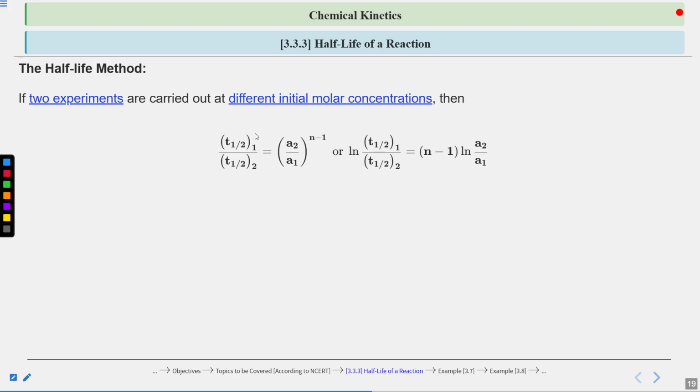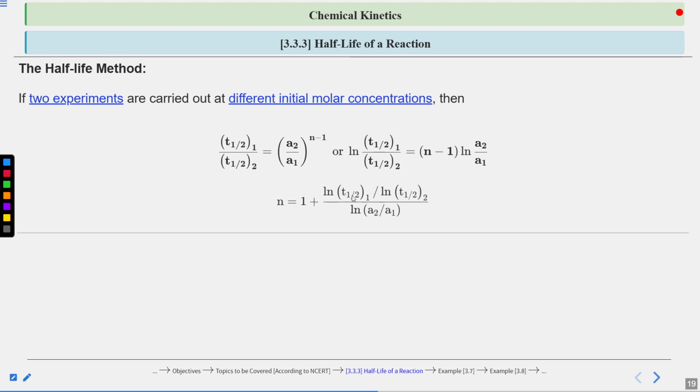So if you see the half-life for the two different molar concentration experiments, t_half1 represents the half-life of the first experiment, and t_half2 represents the half-life of the second experiment. This is going to be equal to (A2 by A1) to the power n minus 1. Or you can also say that ln of (t_half1 by t_half2) is equal to (n minus 1) multiplied by ln of (A2 by A1).